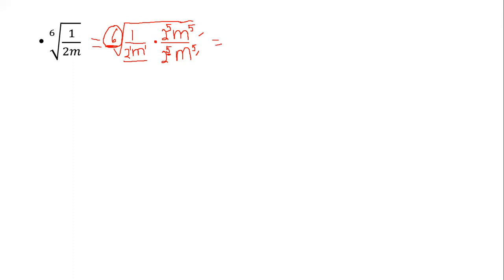So if you're going to multiply, we have the 6th root of, ayan, 1 times 2 raised to 5 m raised to 5 is equivalent to 2 raised to 5 times m raised to 5, divided by, okay, multiply the denominators, 2 raised to 6.